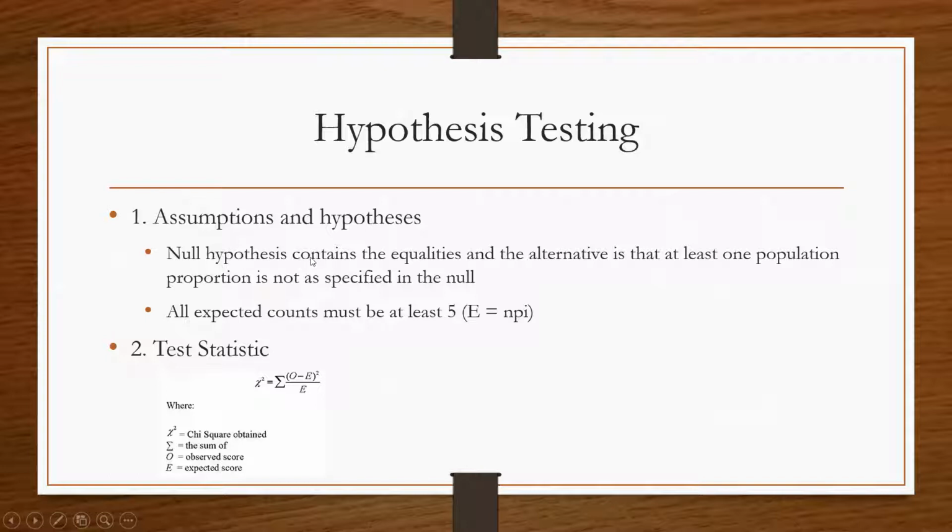The null hypothesis contains the equalities, and for the alternative, at least one population proportion is not as specified in the null. Basically, the null says they're all equal, and the alternative says one of them isn't equal. Your assumption is that all expected counts must be at least five. And the test statistic is the exact same chi-square equation that we saw earlier.